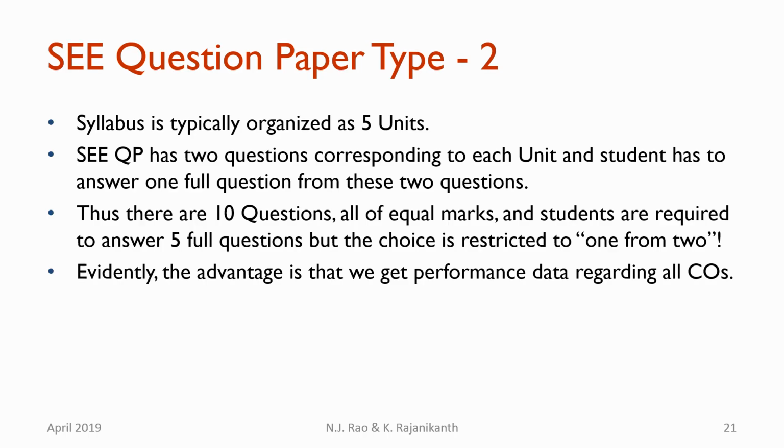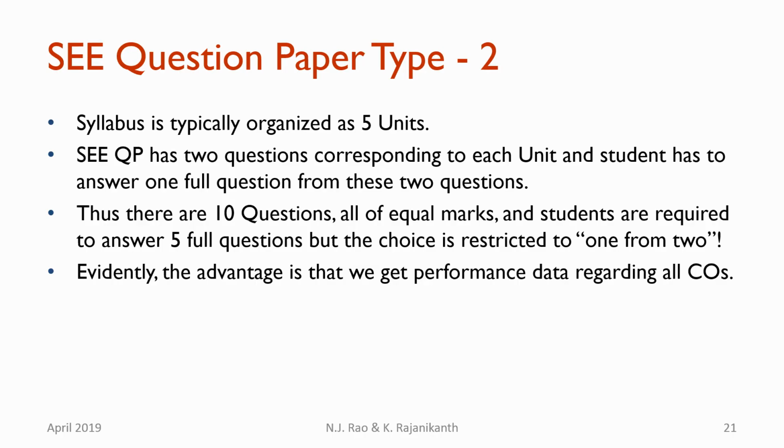The 2 questions correspond to the same unit, and the student has to answer 1 of them. That means the student has to answer a question from each unit. So, though there are 10 questions, all of equal marks, and students are required to answer only 5, it looks like there is a bigger choice, but actually the choice is restricted to 1 from 2. So, there are 2 questions from unit 1, and the student has to answer 1 question. Similarly, 2 from unit 2, and the student has to answer 1 question. That way, it is always a choice of 1 from 2.